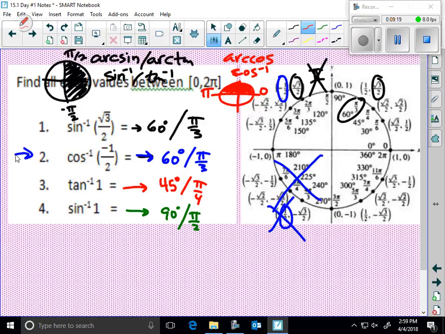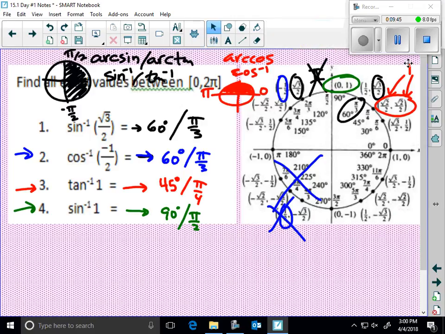Tangent is +1 in quadrant 1 right here. Because if I took the sine and the cosine and divided them, I would get 1. All right, sine divided by cosine is tangent, therefore we get π/4. And then our sine of 1 is going to be right here at 90 or π/2. There's only one place for that. All right, let's keep going.